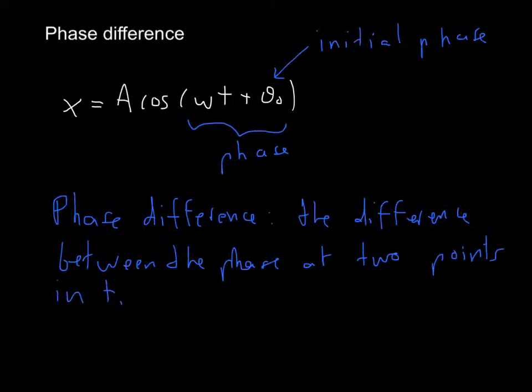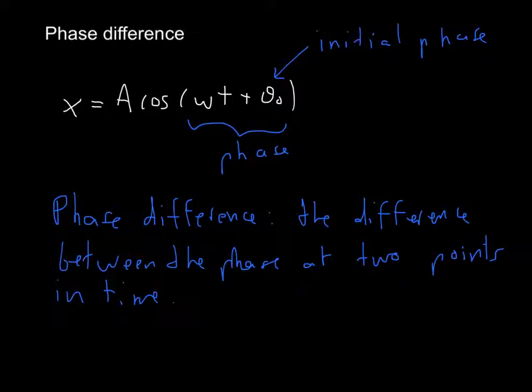Now, we will see this term phase difference in many other contexts. For example, in a wave, this doesn't necessarily have to be time, because in a wave, this depends on position. So we have, again, a phase, but you can have a phase difference between 2 points that are oscillating. One is oscillating like this, the other one is oscillating like that, but not synchronized, and then the 2 have an angle, and you can calculate the difference in angle, and that's the phase difference between these 2 points in the wave.